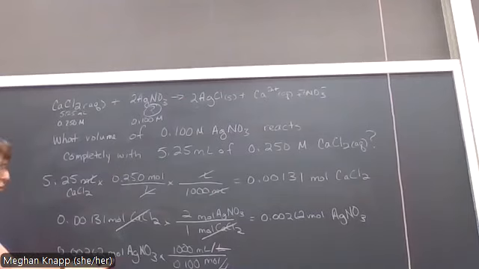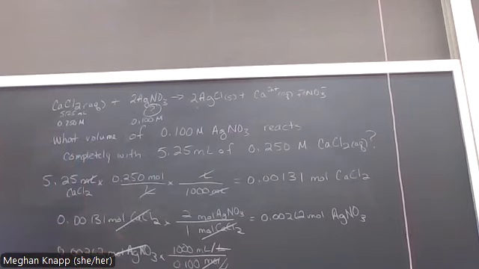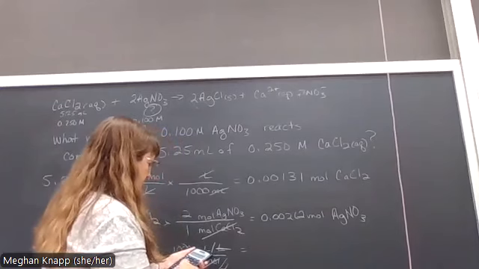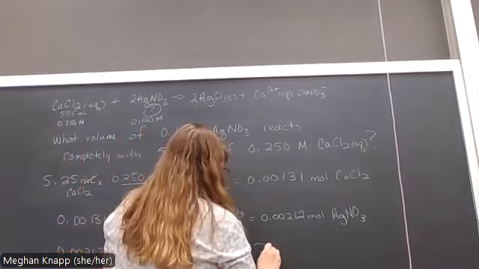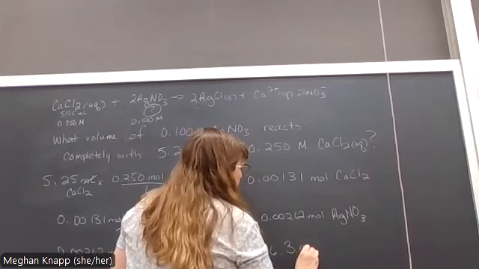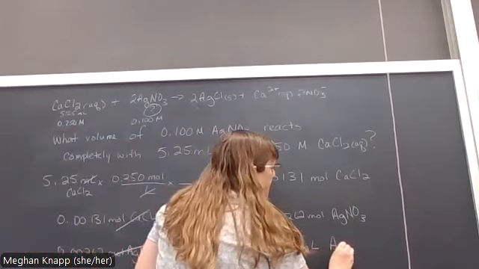Okay, I have moles. I can cancel here and here, and that leaves me with milliliters. So I divide by 0.1. And I end up with, oh, and I forgot to multiply by 1,000. I end up with 26.3 milliliters, because that's the only unit left, of AgNO3.